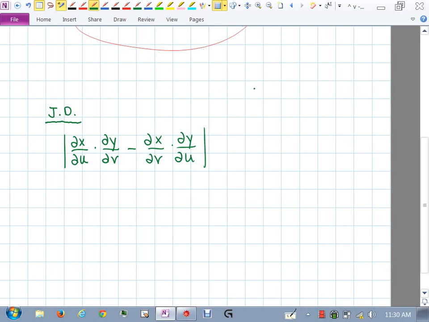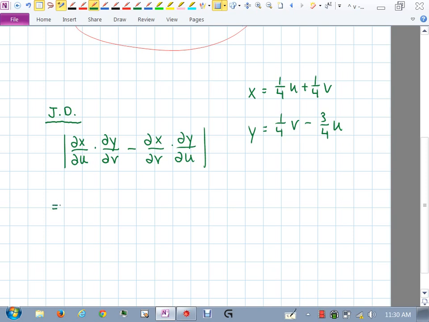And remember, x was 1/4 u plus 1/4 v. y was equal to 1/4 v minus 3/4 u. So these partials are going to be pretty simple, aren't they? Just numbers.